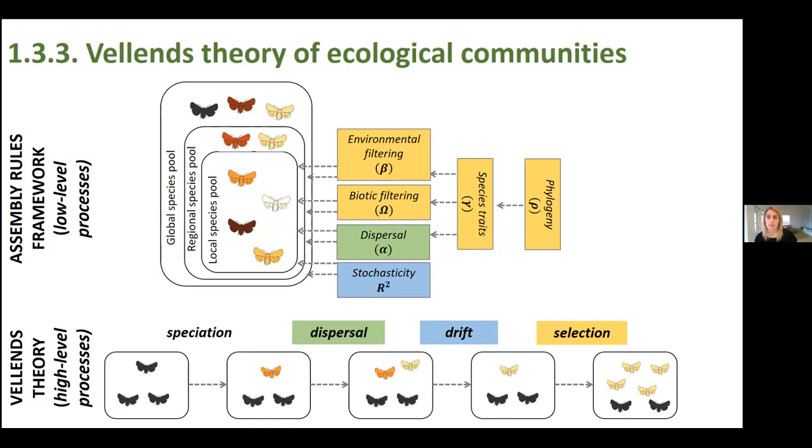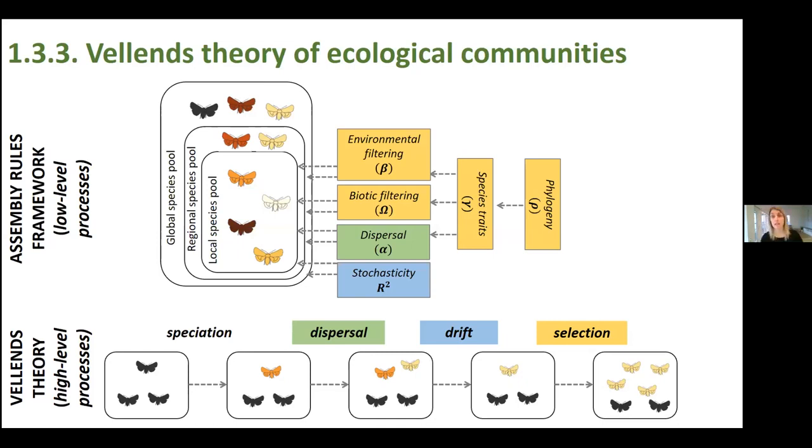And here I have colored each of the processes in the assembly rules framework that we can relate to with our HMSC results according to which high-level process they would belong to.